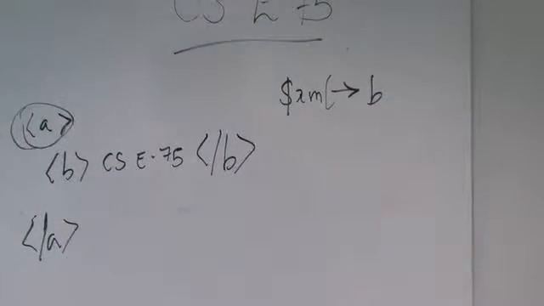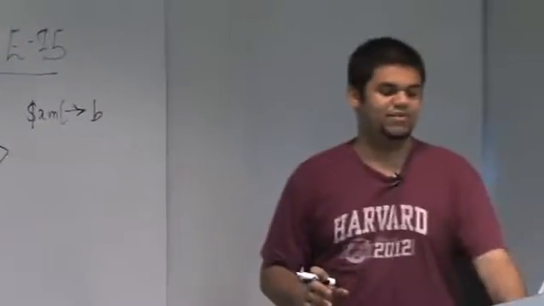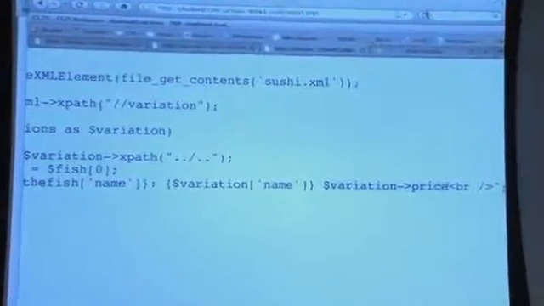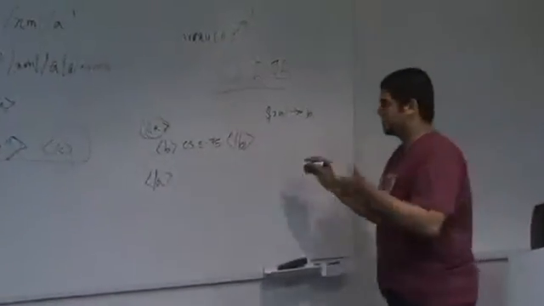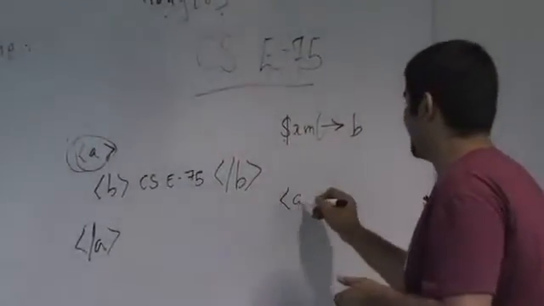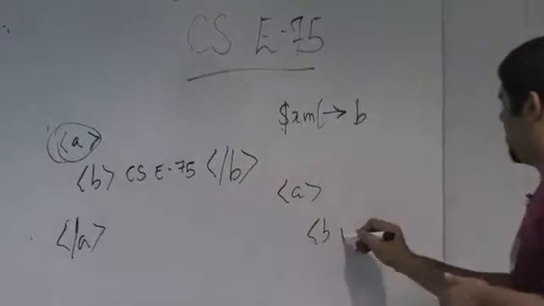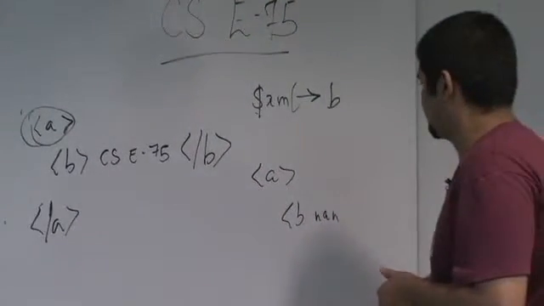Something like, for instance, you're basically just saying $variation of price. So if your XML root is stored in $XML, the way you would get at this is B. So let's say you have A, B, name. Actually, let's do it with A itself, so it's easier.